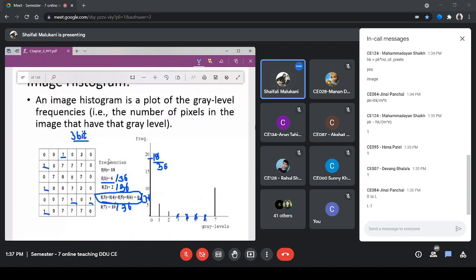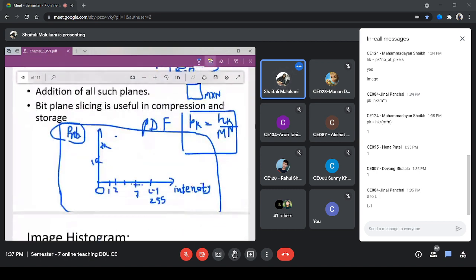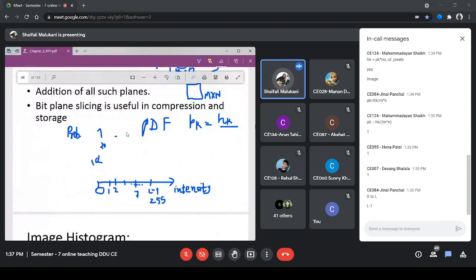Now, suppose I give you one histogram. Let us make some interesting observations here. Suppose my histogram looks like this.